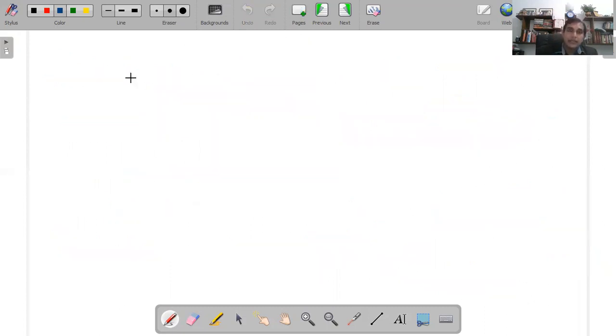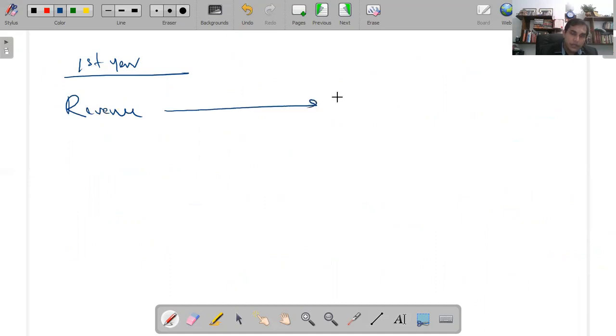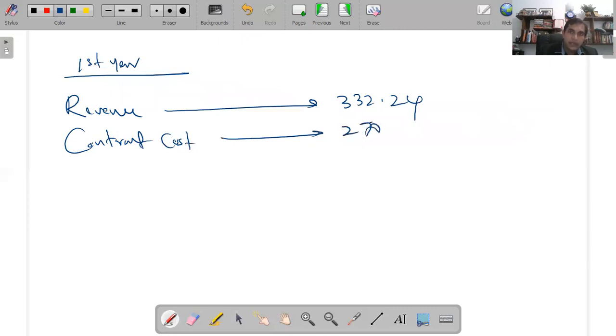Let me write it. First year revenue 332.24, then contract cost 270.